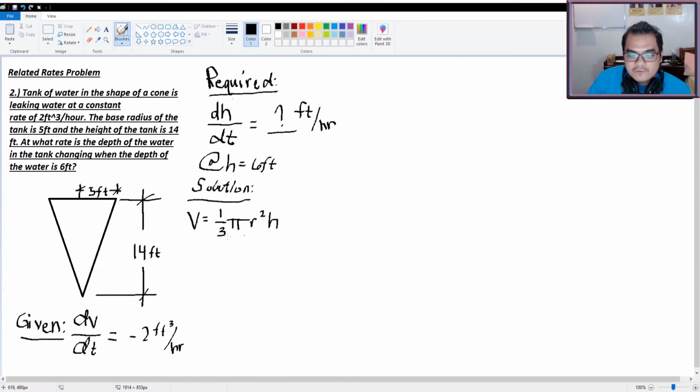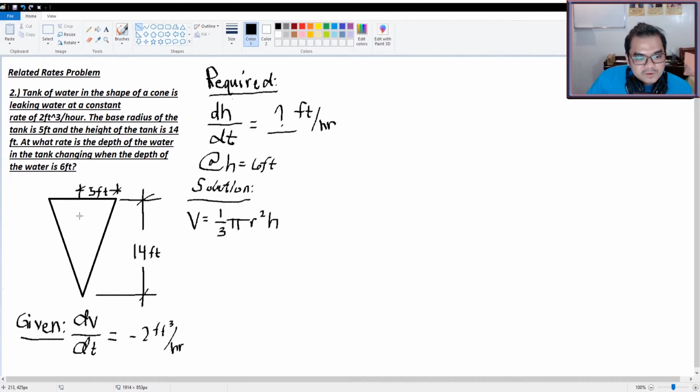If you have here only r, therefore h will be eliminated. Even if you perform derivative here, and the right side only contains r, you won't have a dh over dt. Therefore, this must be in terms of h, and r must be eliminated. How will we do that?